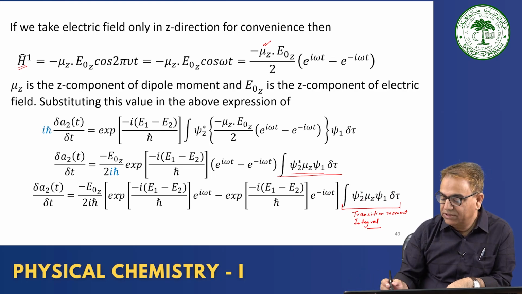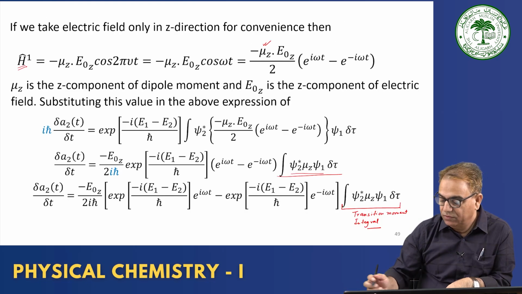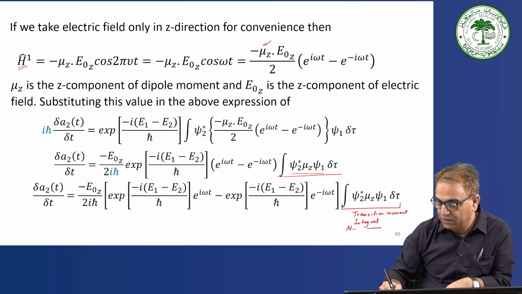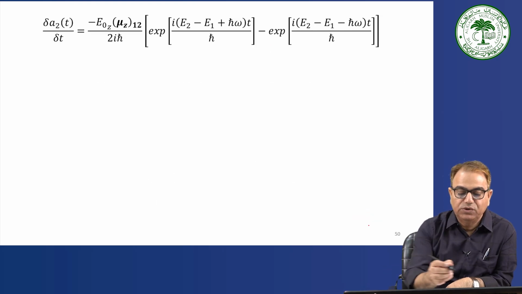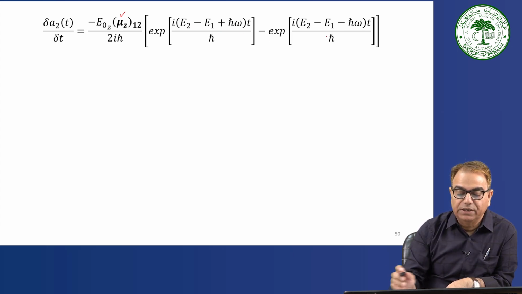This particular transition moment integral is given the symbol mu z 1 2, which I have written in the next equation. So this mu z 1 2 is the transition moment integral. The rest of the terms were the same, and the exponential terms with omega t I have also brought here.